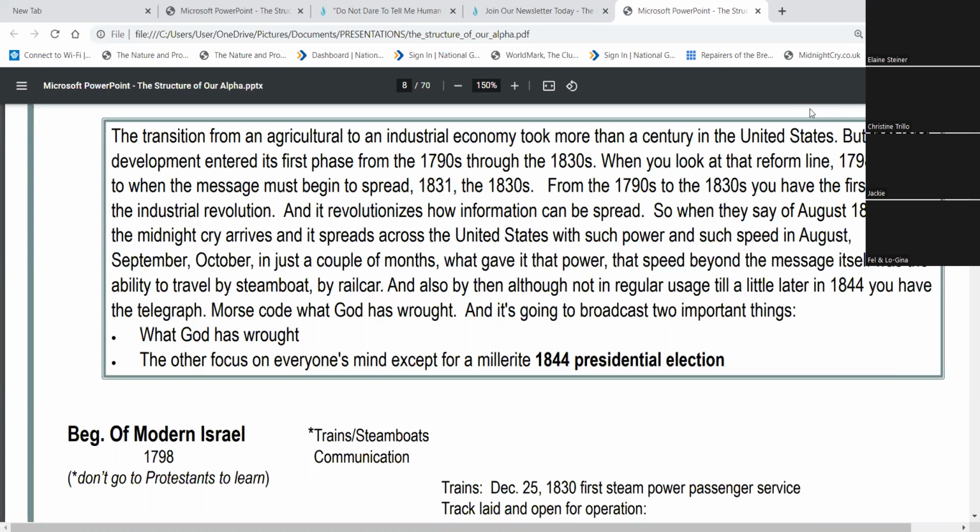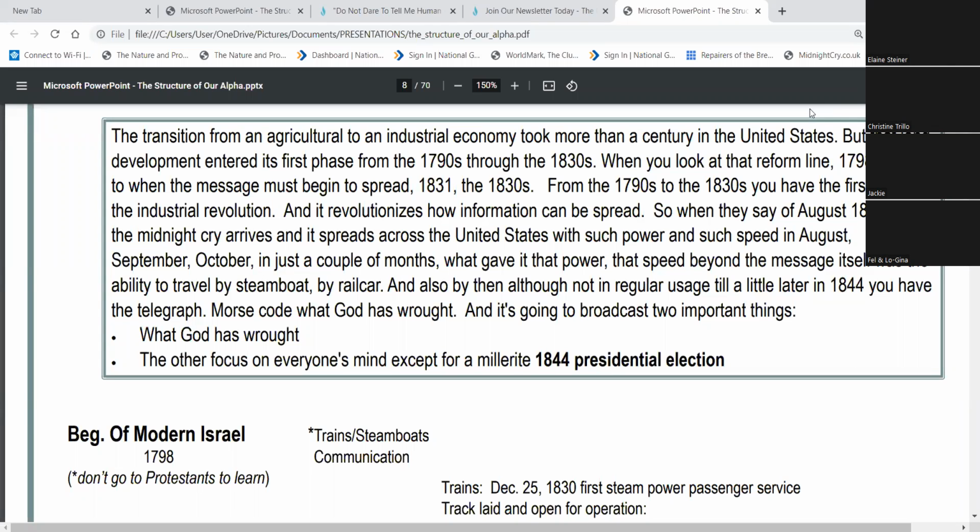So when they speak of August 1844, when the midnight cry arrives and it spreads across the United States with such power and such speed in August, September, October, in just a couple of months, what gave it that power, that speed beyond the message itself, was the ability to travel by steamboat, by rail car.